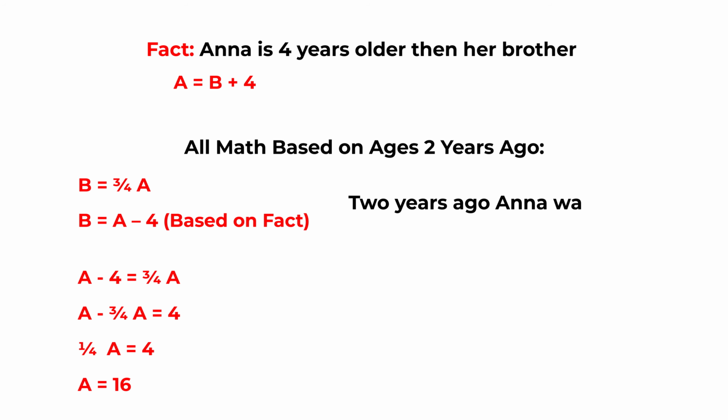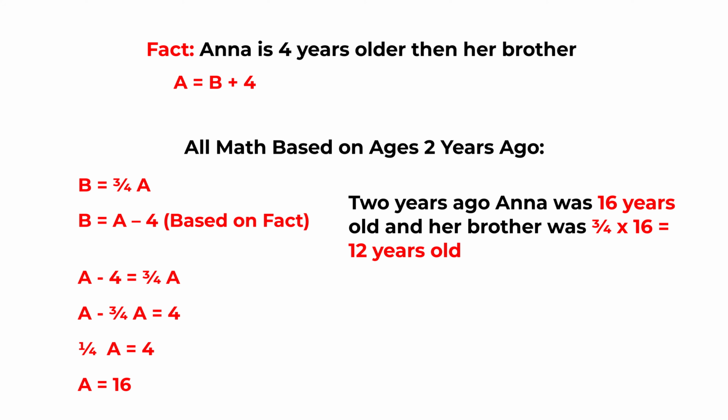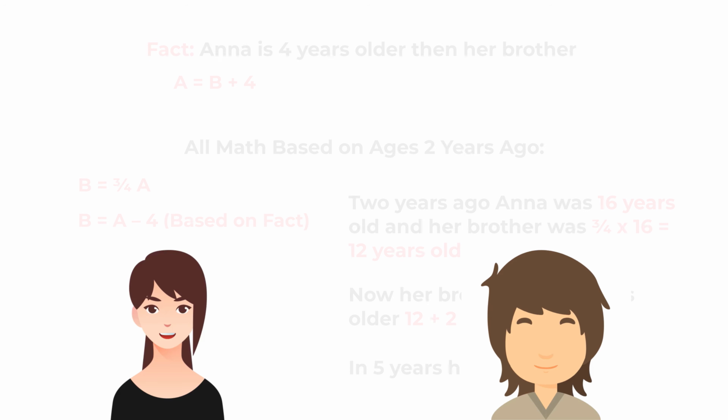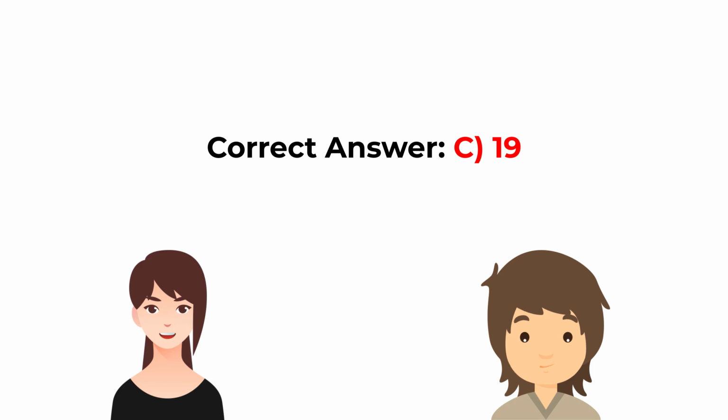So 2 years ago, Anna was 16 years old, and her brother was 3/4 of 16, 12 years old. Now Anna's brother is 2 years older, which is 12 plus 2 equals 14 years old, which means that in 5 years, Anna's brother will be 14 plus 5, 19 years old. So the correct answer here is choice C, 19 years old.